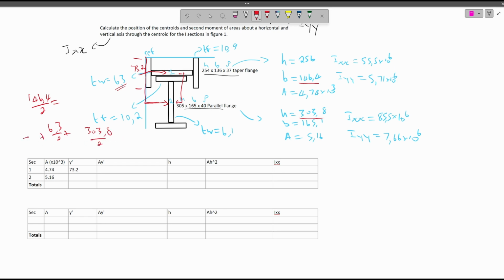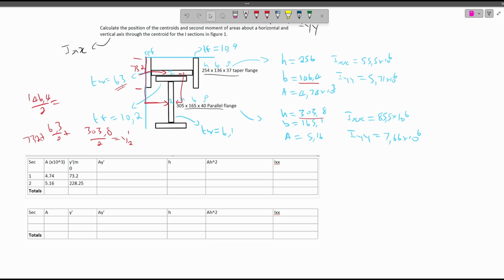That's going to be the y-bar for shape 2: 73.2 plus 6.3 divided by 2 plus 303.8 divided by 2. And the answer is 228.25.